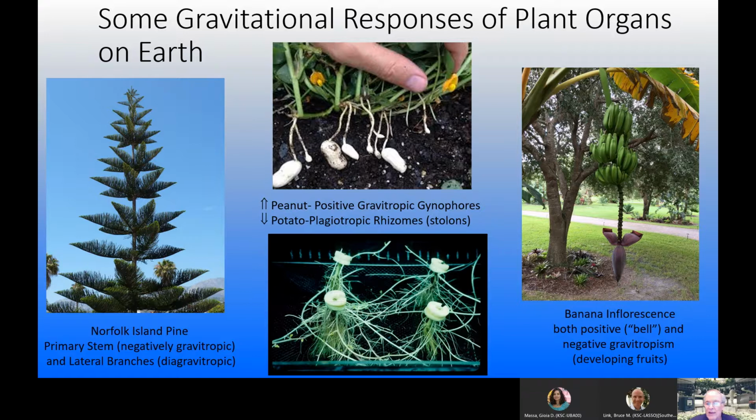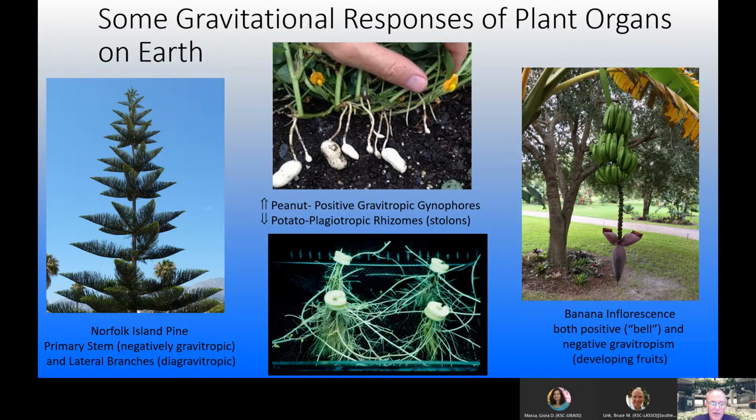Another example of that, to the right, is a picture of a banana fruit cluster. You'll notice that the main cluster itself is positively gravitropic, and that bottom part of the banana inflorescence is called the bell. That contains a lot of male flowers that continue to flower, whereas the fruits, as they grow, develop in a negatively gravitropic fashion.